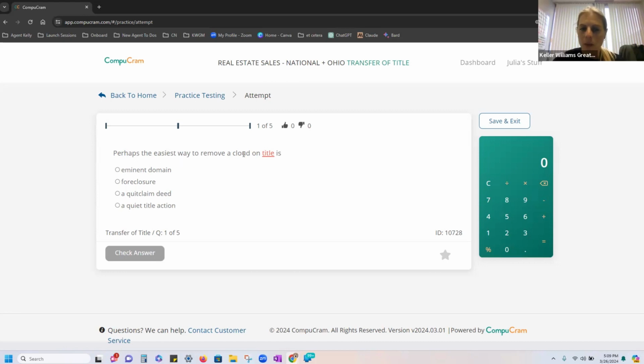And title is the actual lawful ownership of property. This is not a document, but rather a concept or theory dealing with ownership. Feel free to say your answers out loud or put them in the chat.